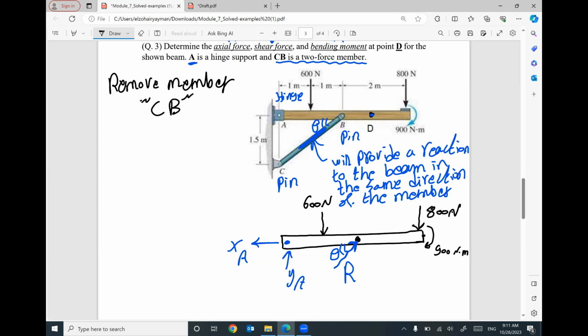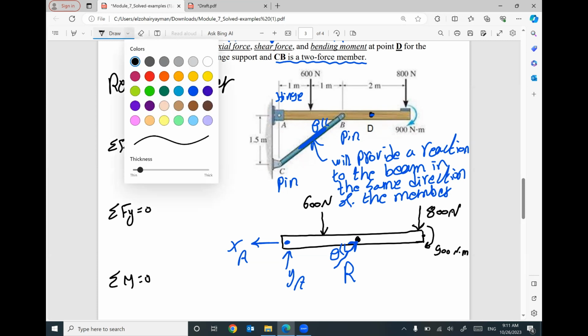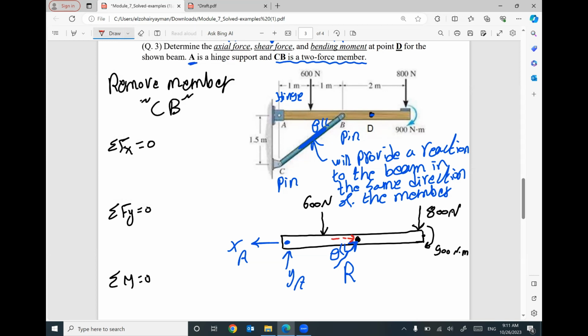Go ahead and apply summation f of x equals 0, summation f of y equals 0, summation moment at any point equals 0. We are ready to figure out the reactions. But keep in mind, I cannot start right now until you break this reaction to 2 components. The horizontal one will be R cosine theta, the vertical one will be R sine theta.